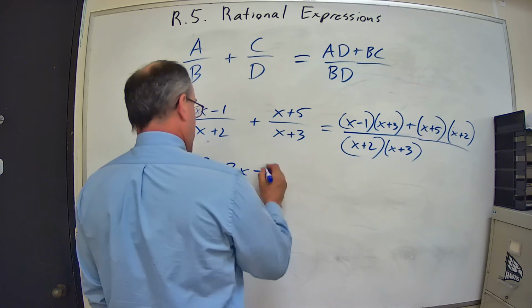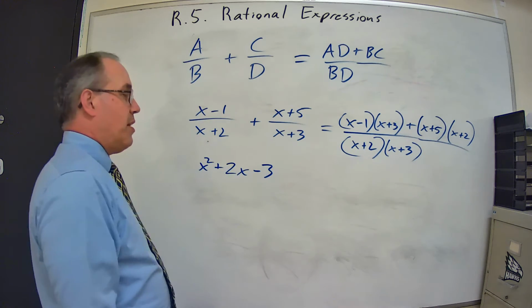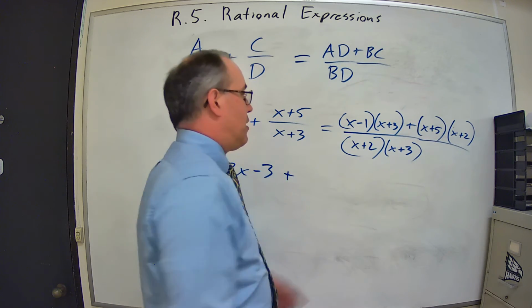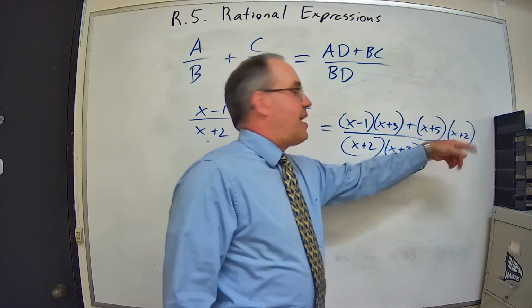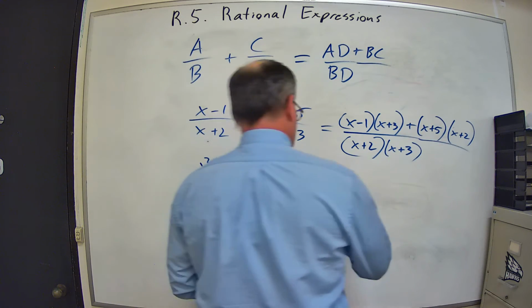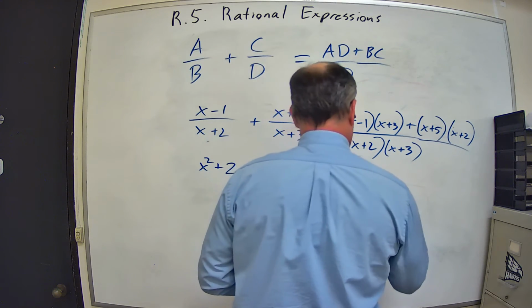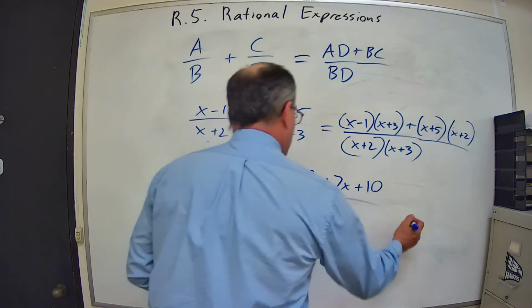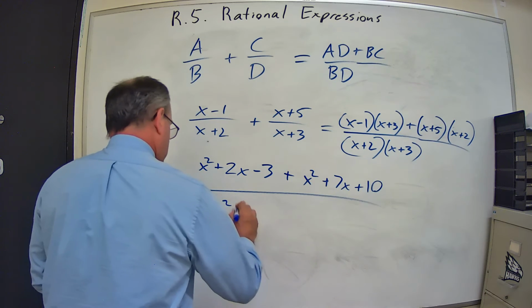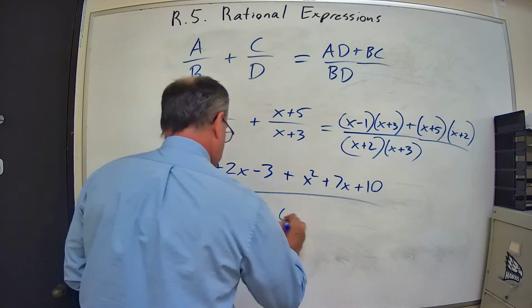Last, minus 3. And then we've got x squared plus 5x plus 2x is plus 7x plus 10, 2 times 5. On the bottom, x squared plus 5x plus 6.